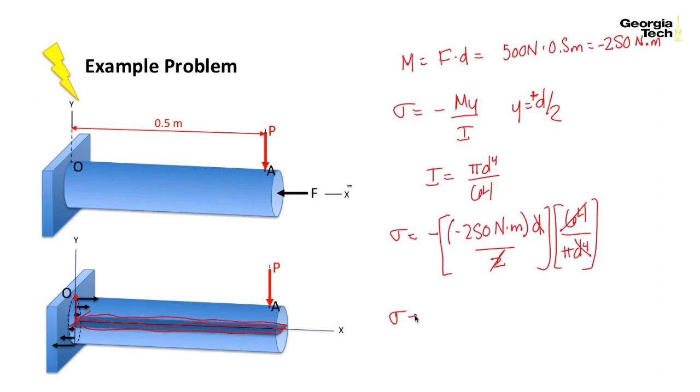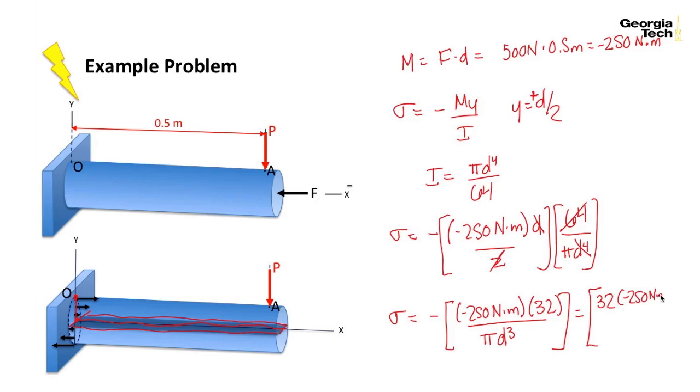We can do some canceling here, and we get negative times negative 250 Newton meters times 32 divided by pi d cubed, which is equal to 32 times negative 250 Newton meters divided by pi times d, which is 0.04 cubed, and we get our bending stress is equal to positive 39.8 megapascals.